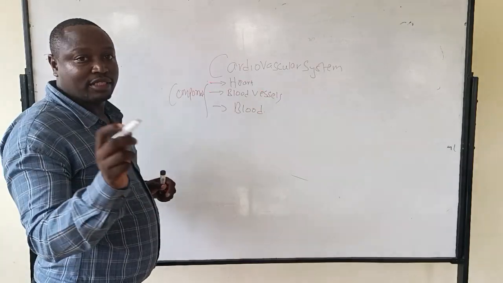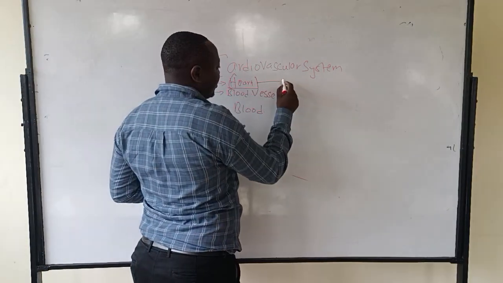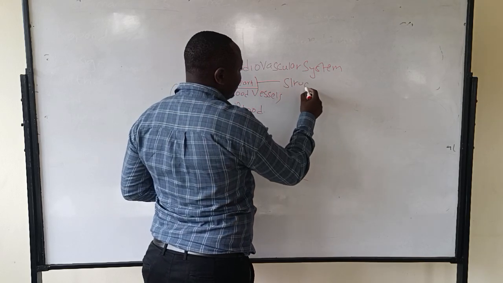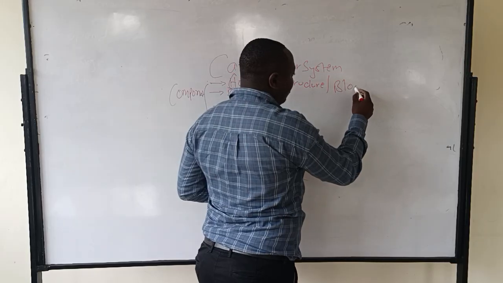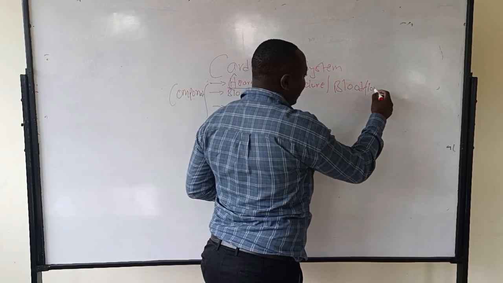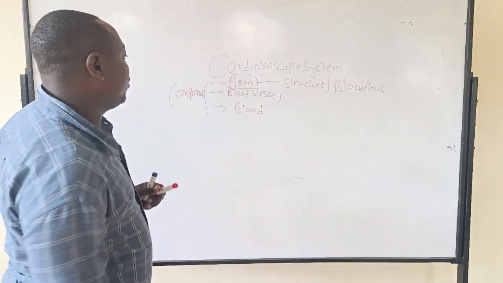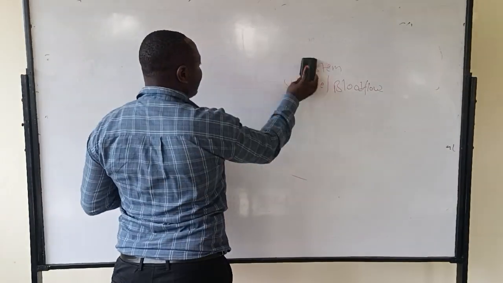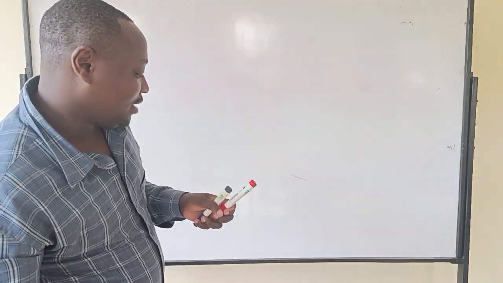But today I want us to focus on the heart, so that we can check on the structure and the blood flow of the heart. So that's what I want us to go through now, so that we can review and understand it.